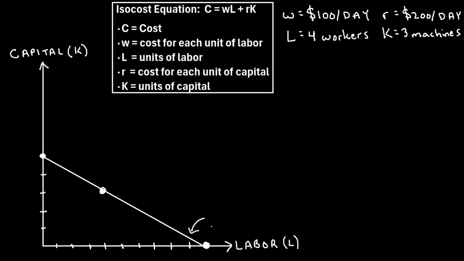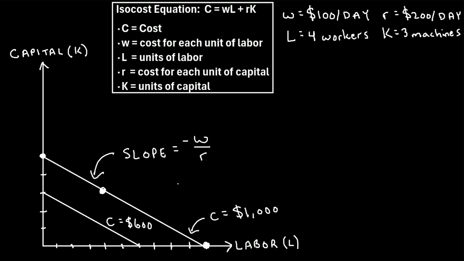Now, for this particular isocost line, the cost is $1,000 for every combination on the line. But there's actually an infinite number of isocost lines that we could draw. For example, here's another isocost line where the cost of every combination of capital and labor is only $600. What's interesting about these isocost lines is that the slope of every isocost line is equal to the negative cost for each unit of labor divided by the cost for each unit of capital.